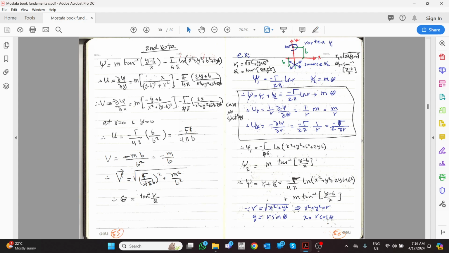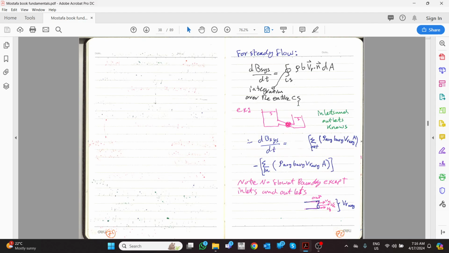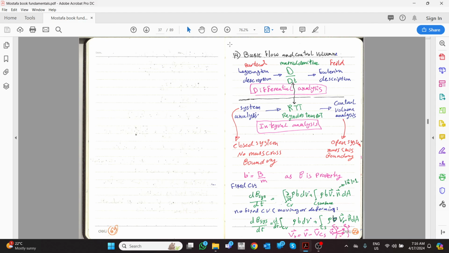So now we understand that if we have Navier-Stokes, it should be one-dimensional, one-direction flow, used with sufficient boundary conditions. If not, go to the potential flow. We also discussed another technique, the Reynolds Transport Theorem, or integral analysis, which means we don't care about what is happening inside.